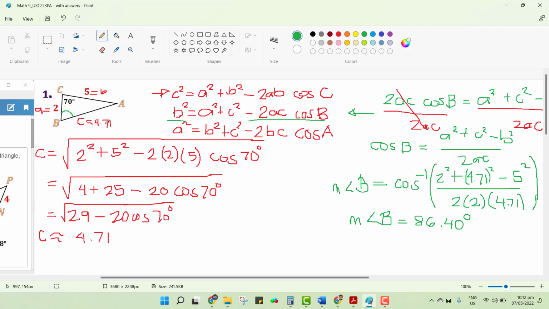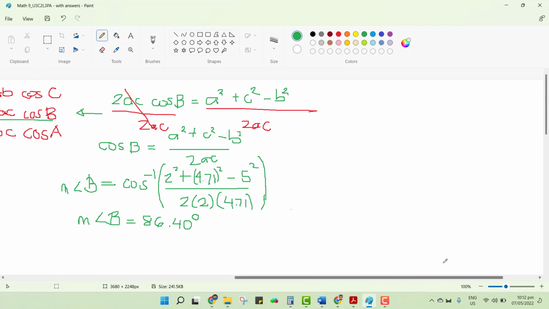Now that we have this pair, we can go back to the law of sine and use it to solve for angle B, since we also have the measurement for side B here. So the second process is when we do it like this.